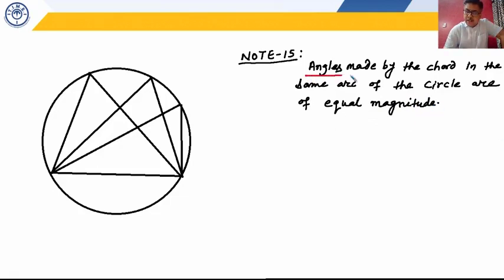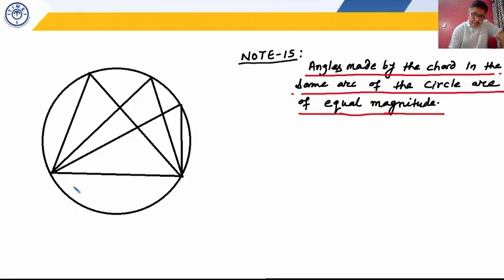So these are the angles made by the chord in the same arc of the circle, and all these angles are of equal magnitude. If your chord is BC, then angle BAC is theta, then angle BDC would also be theta, then angle BEC would also be theta.